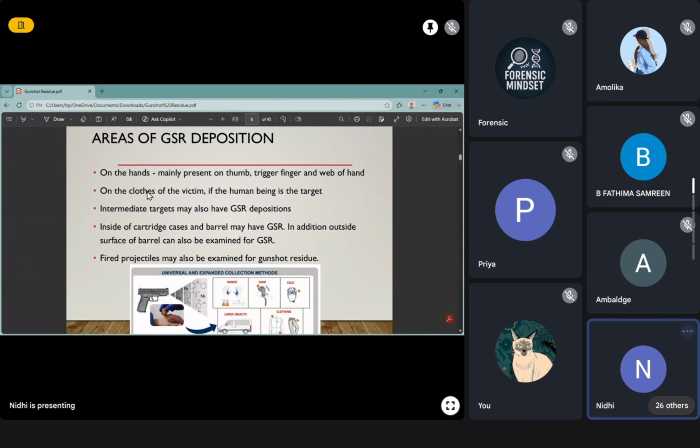Okay. These tests, yes, we do study in our books that we are using them, but till now, having worked in two laboratories, I have seen there are very few cases of GSR.